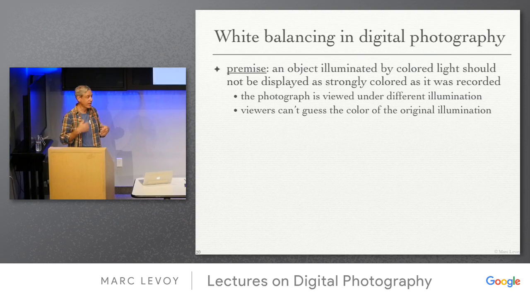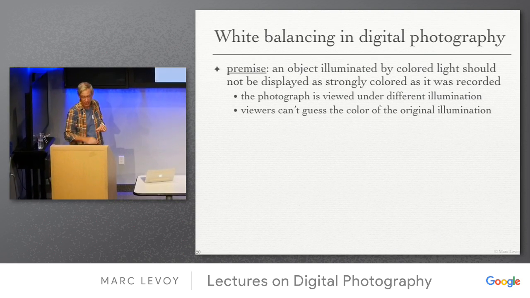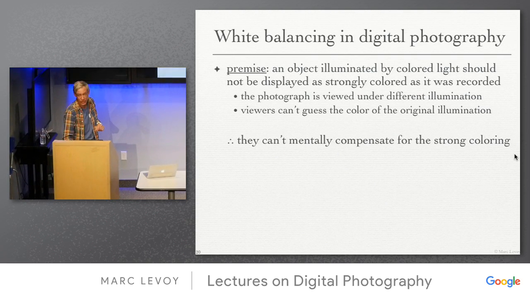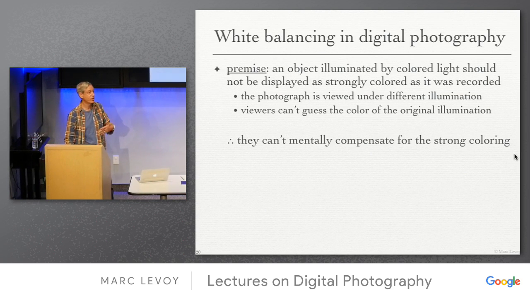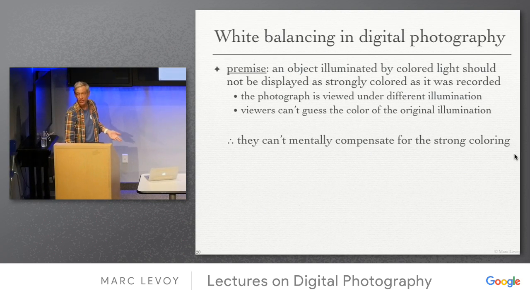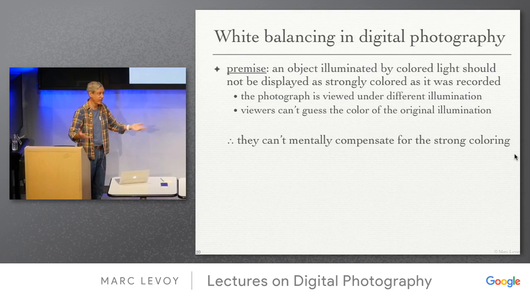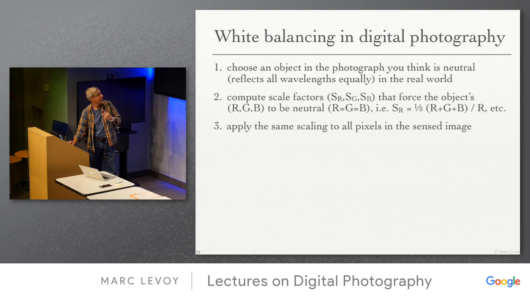So they can't mentally compensate for the fact that it was illuminated by a colored light. And so they can't compensate for the strong coloring. That's the purpose of white balancing, is to estimate the color of the illumination and shift the colors in the photograph so that the user can look at it and imagine that it was illuminated by some standard color.